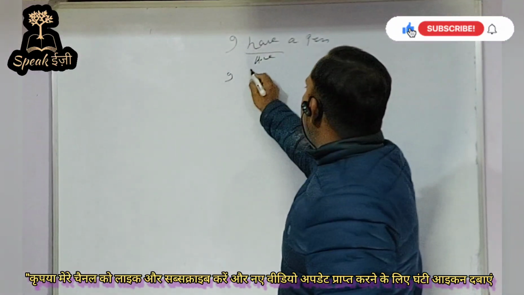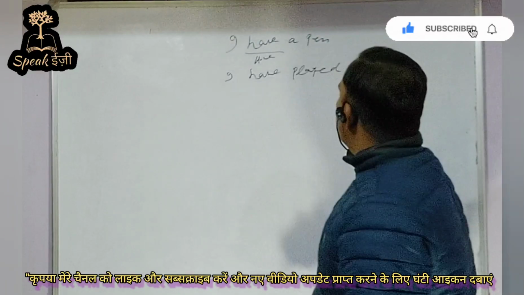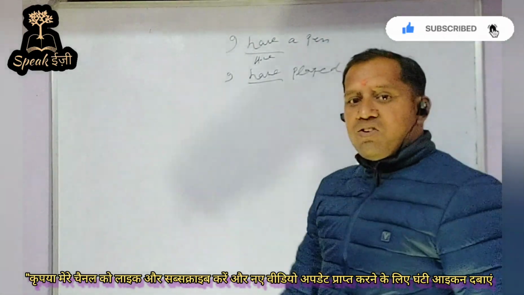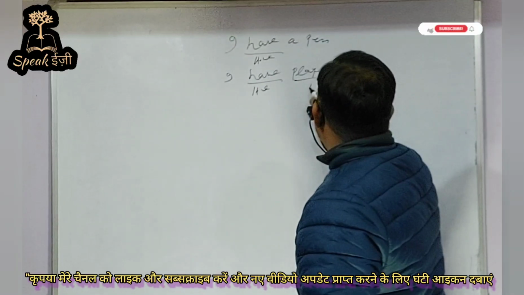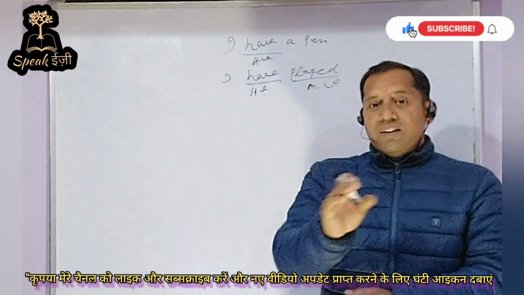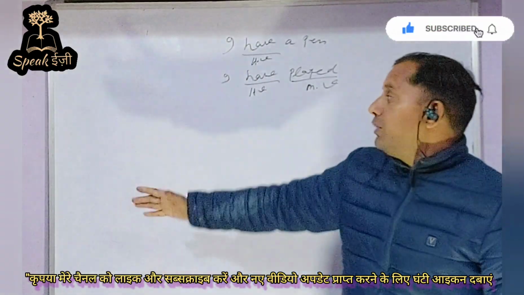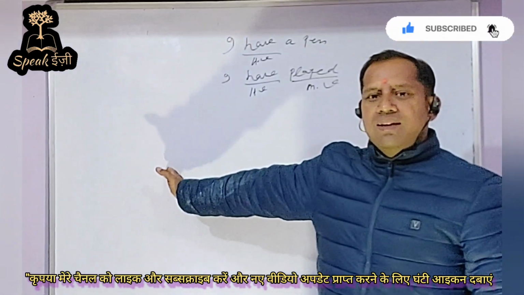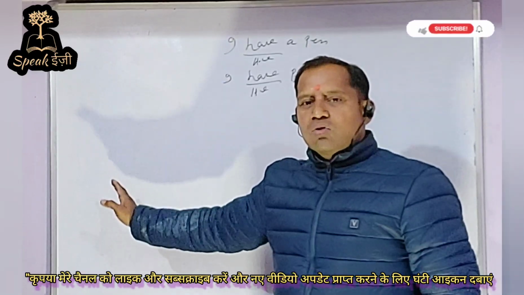And if I say, "I have eaten," this is the helping verb and this is the main verb. And this rule is equally applicable to all those auxiliary verbs which I mentioned earlier.